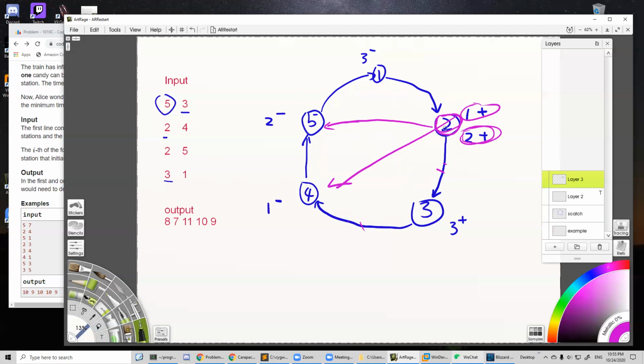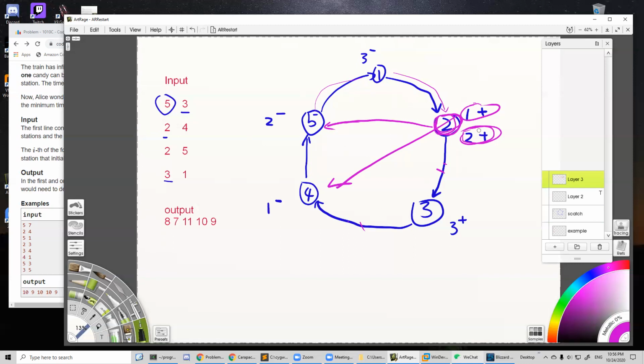The reason is that each time we can only pick up one candy at a station. After that we want to drop off that candy, but we need to move a full circle anyway to pick up another candy from this station. For those candies before the last candy, it doesn't matter how long the distance is, we always need to cover the full circle.